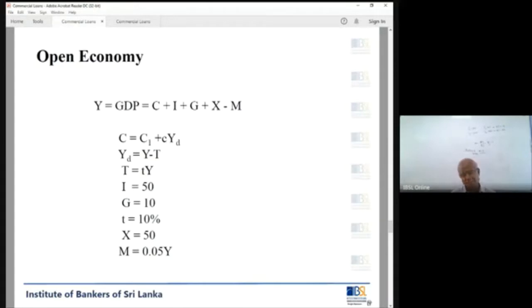We assume the tax rate is 10%. The marginal tax rate is 10%. Exports 50. Imports again. Now I will explain these last two items. Exports 50. Demand for our exports depends on what?